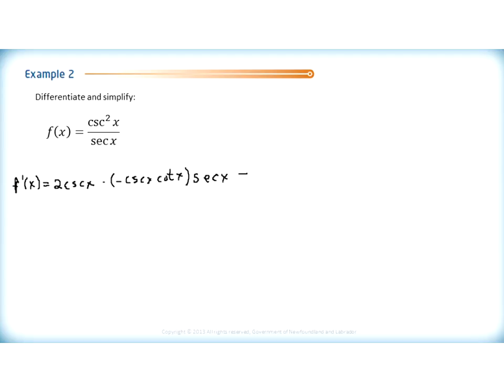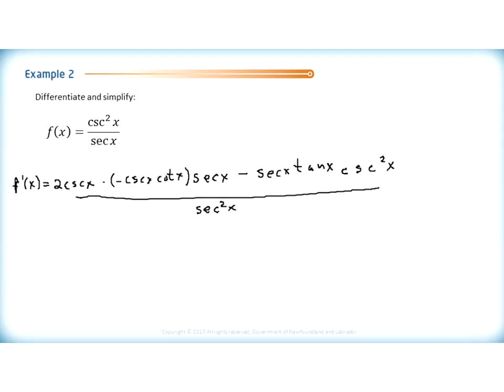So the derivative of secant is secant x tan x. And then I have to multiply that by the numerator, which was cosecant squared x. All right. So that's all then one numerator, and it's all divided by our denominator squared, so secant squared of x.